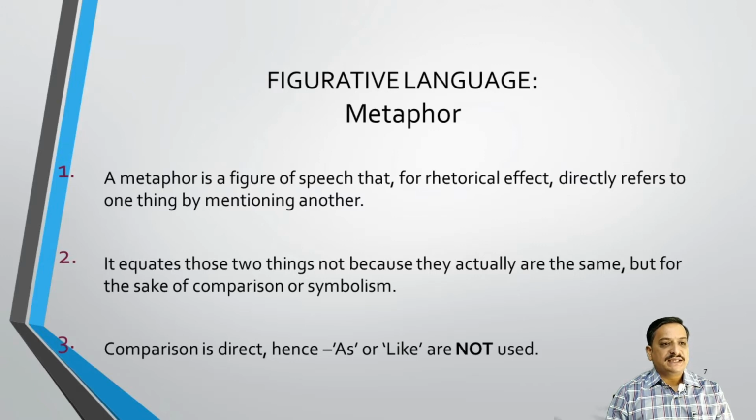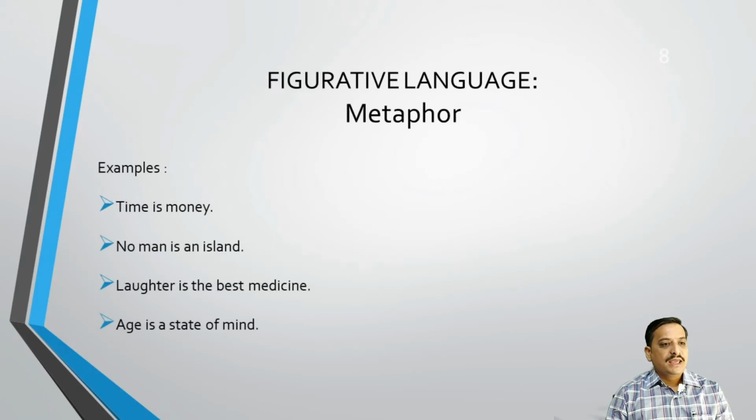Comparison is direct, hence it is important to know that as and like are not used. As and like can only be used in similes. In metaphor, as and like cannot be used.